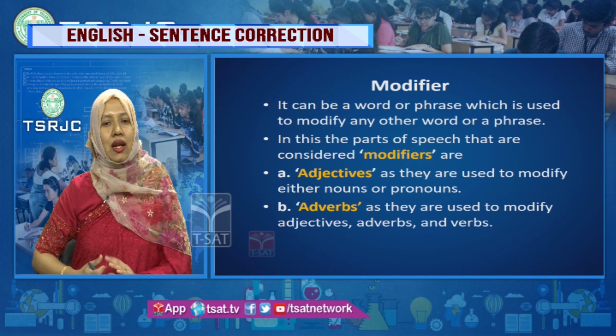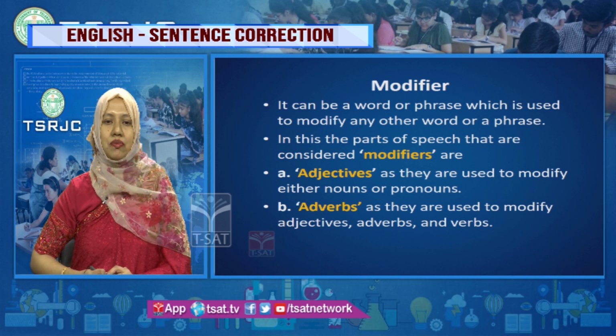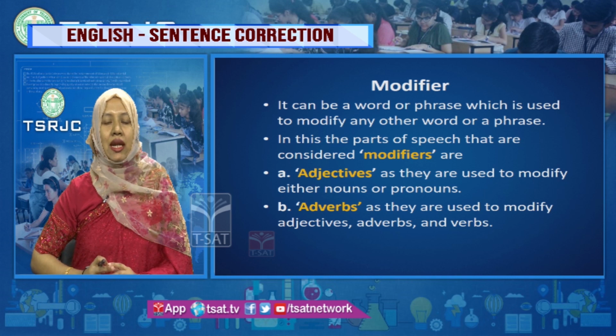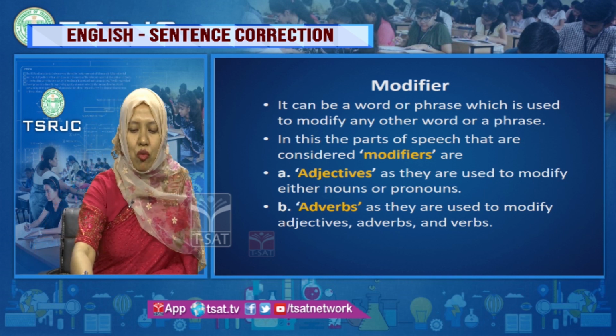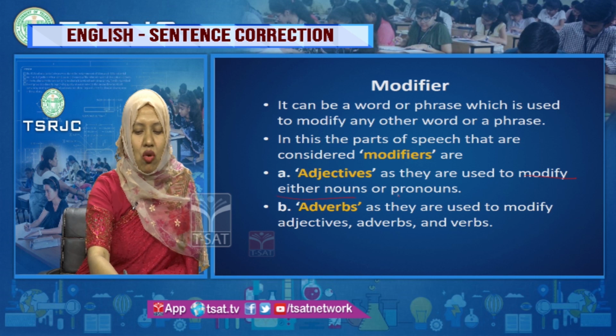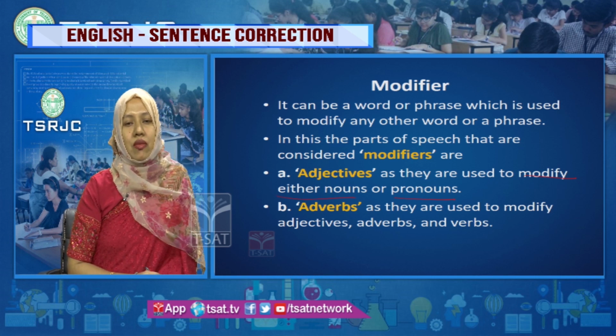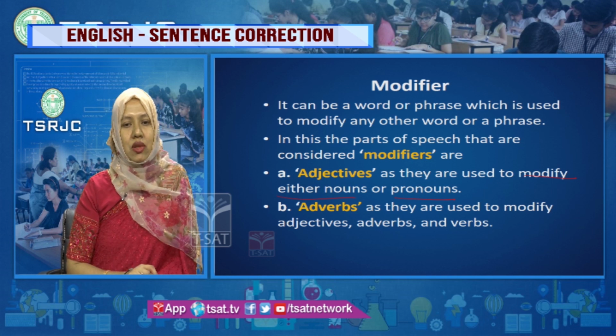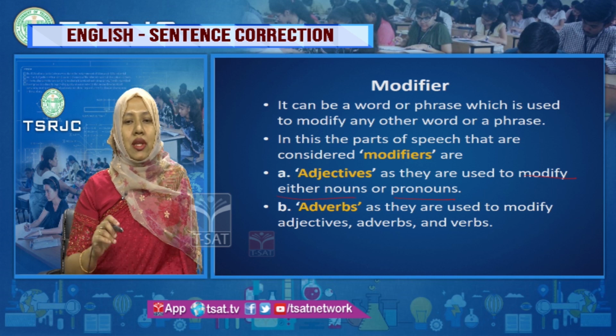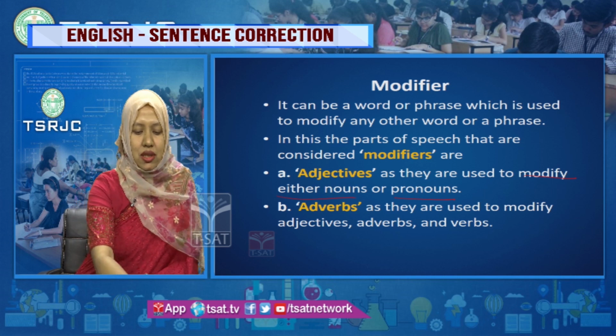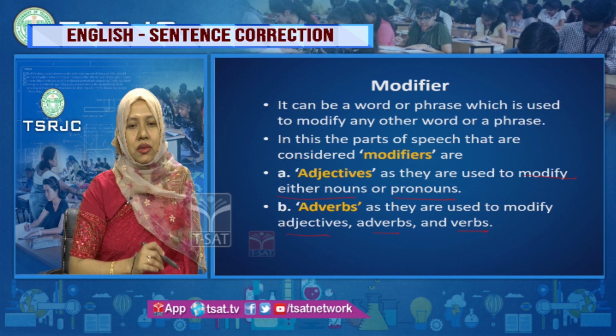Adjectives and adverbs are considered as modifiers. Now, when adjective is there, adjective always is used to modify either nouns or pronouns. A noun or pronoun is always modified by an adjective. Adverbs are used to modify adjectives, adverbs and verbs.